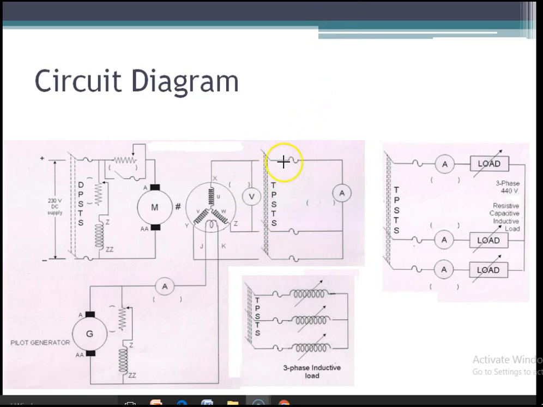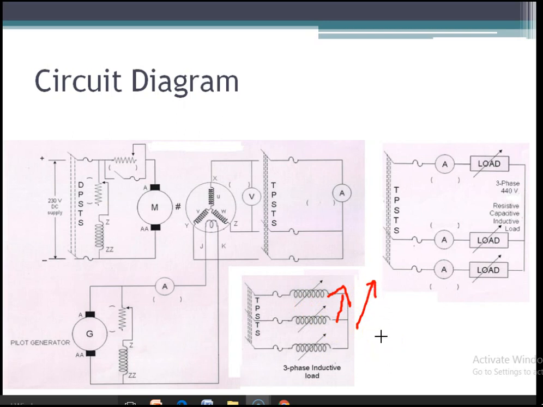Take one reading keeping the TPST switch open. That is this TPST switch. Okay, so this is already replaced. Now what next is, slowly add the inductive load. You have to keep on adding the inductive load like this. You have to keep on switching on the inductive loads.